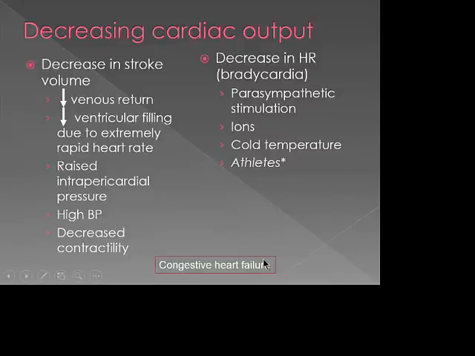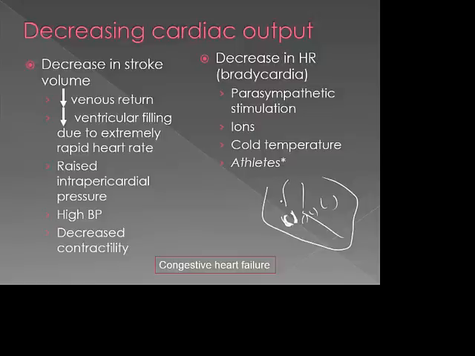In cases like congestive cardiac failure, and I mentioned this when we were doing cardiovascular anatomy, we look at the chambers of the heart. So let me just take the tricuspid and the mitral, and here's pulmonary and aortic. Imagine if this valve was stenosed or narrowed.